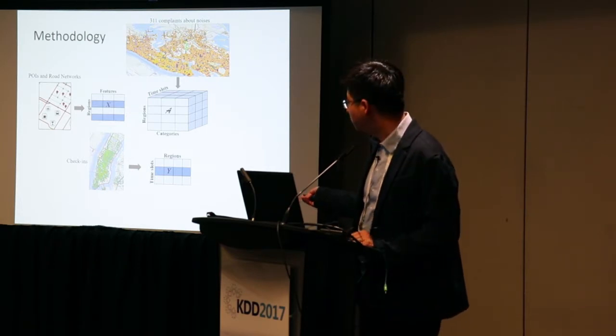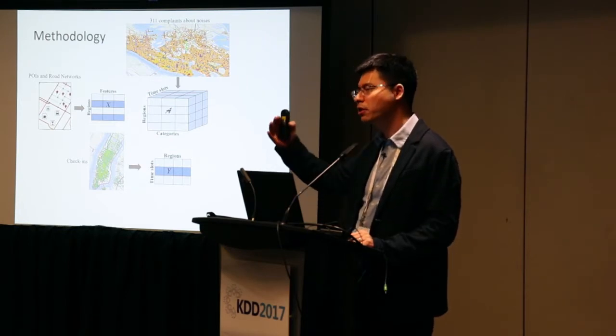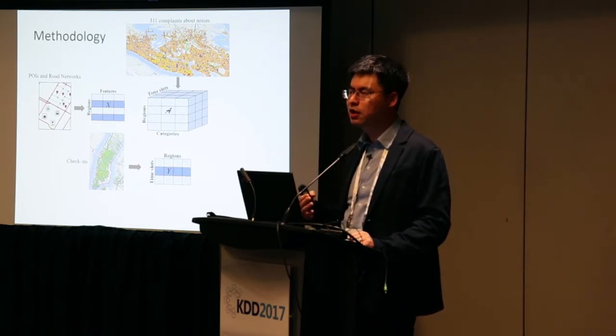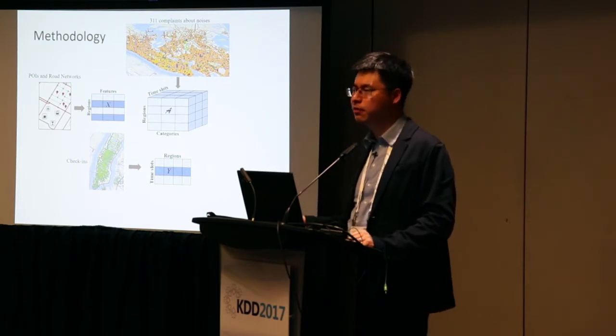So from the rows perspective, we can measure the similarity between two time slots based on human mobility patterns. For example, the morning rush hour and the evening rush hour could have similar noise situations because the mobility patterns of people are similar.